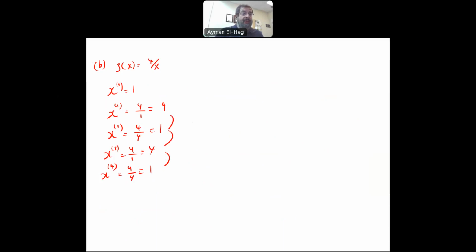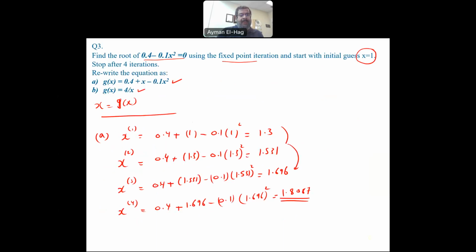It's not really converging. And basically, we can tell if the function will be converging or not converging by calculating the derivative of g of x, the absolute value of that. So when you do this for the first one, it is 1 minus 0.2x. When you substitute x equal to 1, this equals 0.8, less than 1.